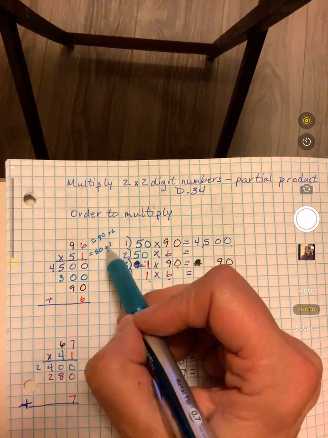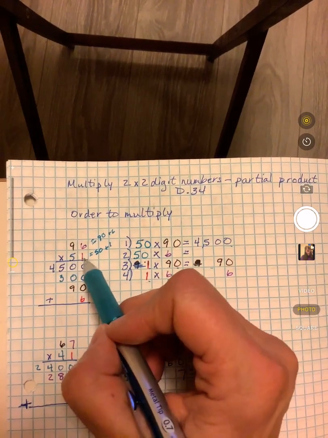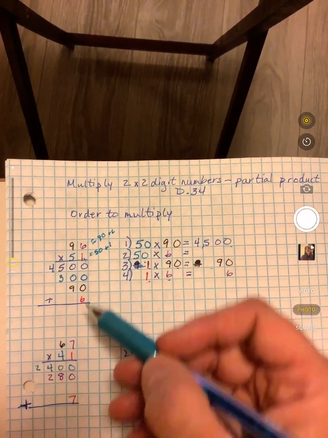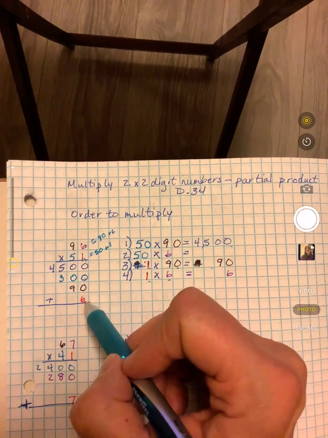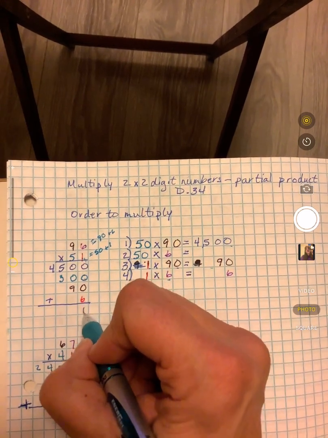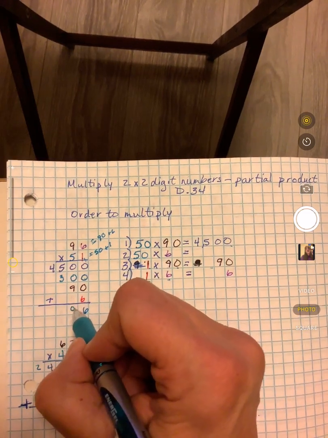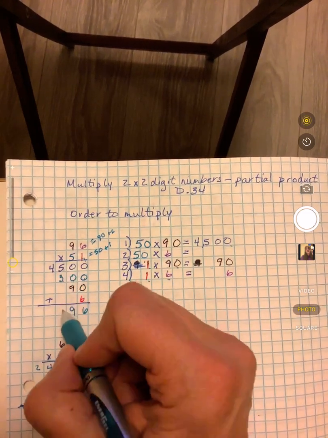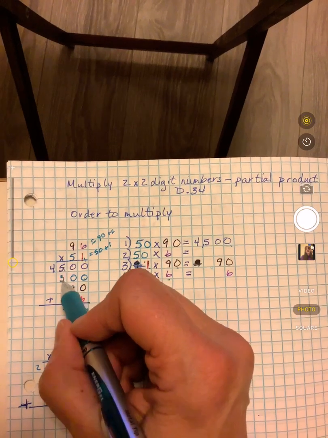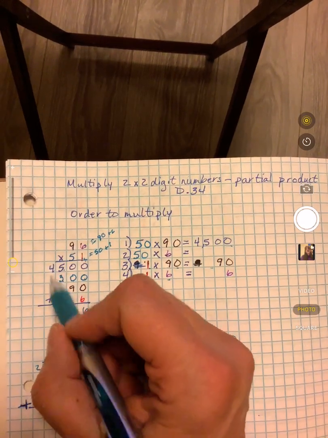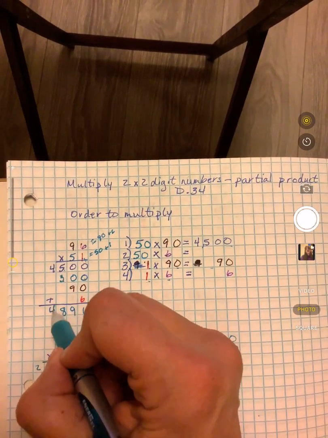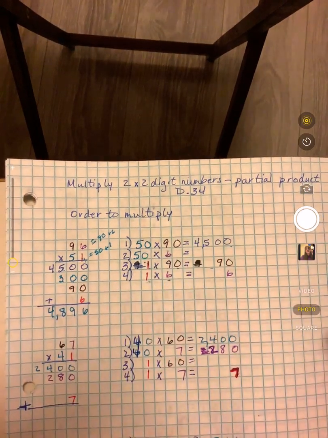Okay, so you're doing 1 times 90 and then 1 times 6. So here we go. 0, 0, 0 plus 6 is 6. 0 plus 9 is 9. 5 plus 3 is 8. And then 4. And we would put a comma right there.